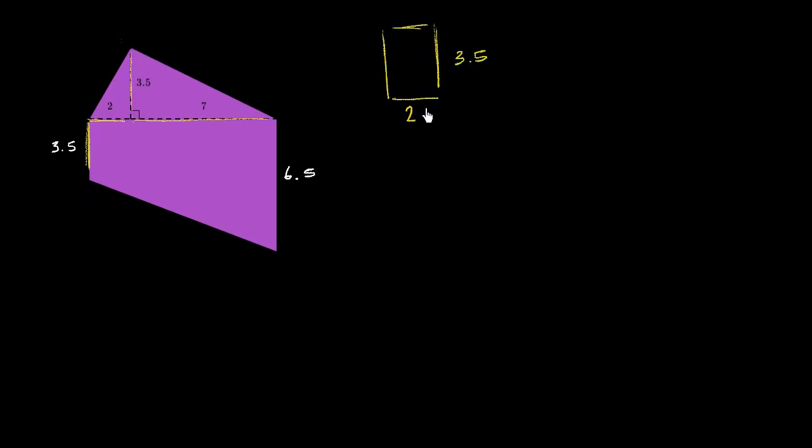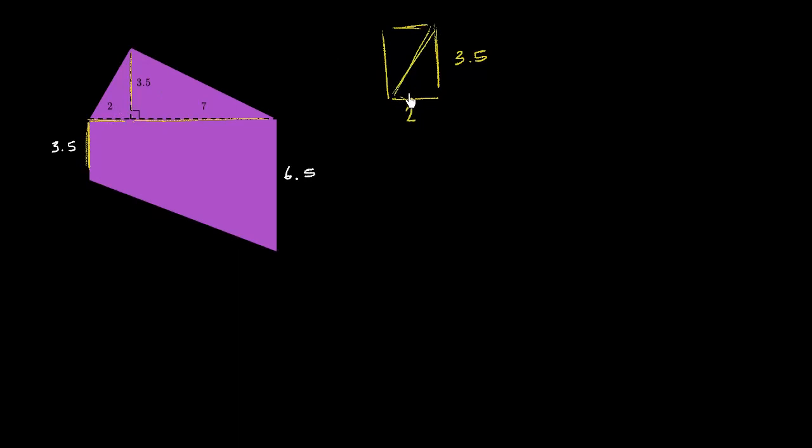If I had a rectangle that was 2 units wide and 3.5 units high, we know that it would have an area of 2 times 3.5. Now, a triangle, especially a right triangle like this, is just going to be half of a rectangle like this.